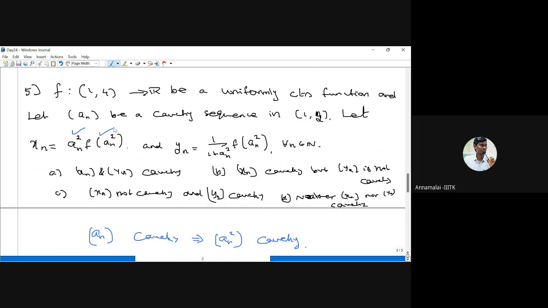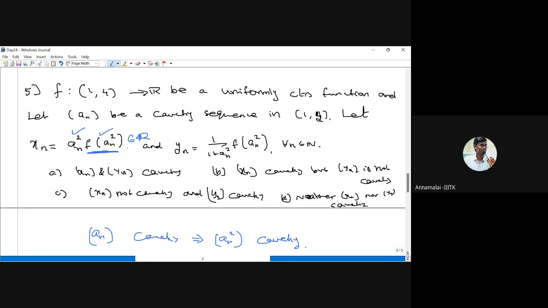Both are convergent in R, and the product also converges in R. Therefore, xn is a Cauchy sequence in R, because xn belongs to the range, since we are taking f of this one. Therefore, it lies entirely in R, not in the interval 1 comma 4. But anyway, an square is in 1 comma 4, and we are multiplying here f of an square.